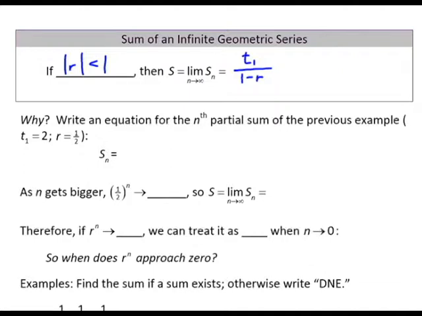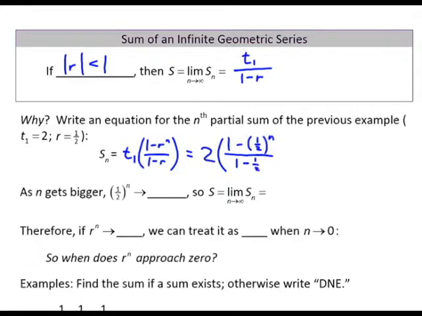What I'm going to do is expand S sub n to show the partial sum formula that we saw on the other page. To take the example from before, just plug in some numbers. I want to focus in on this piece, 1/2 to the n.